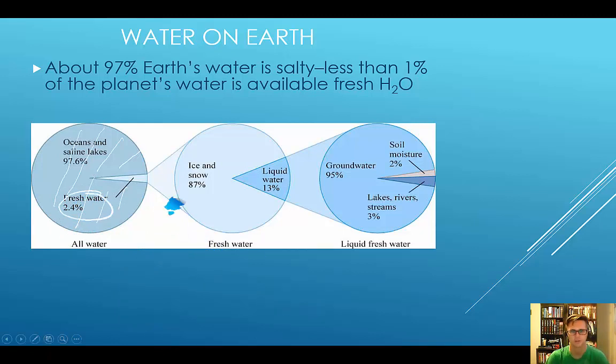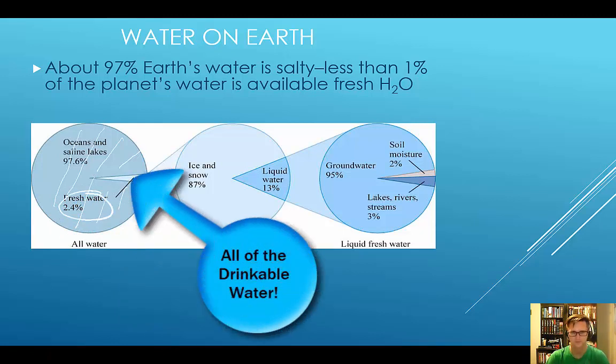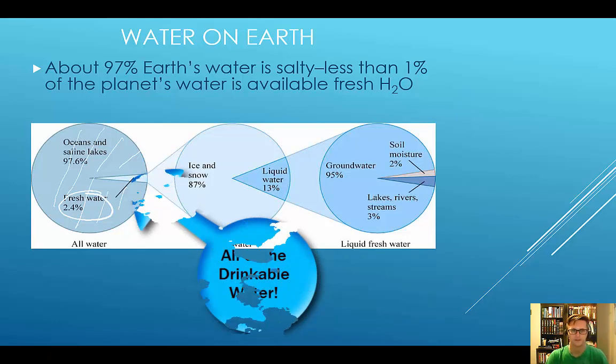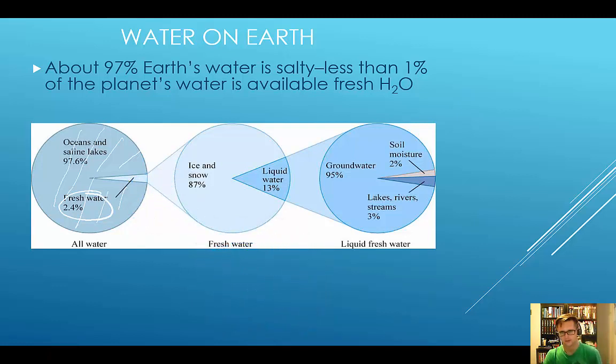So of the water available to us, 2.4% of the water on Earth is drinkable. So that's all the water we have out of all the water on Earth. But here's the catch. Of that 2.4%, it's not all available to us, because 87% of that water is frozen in ice and snow.